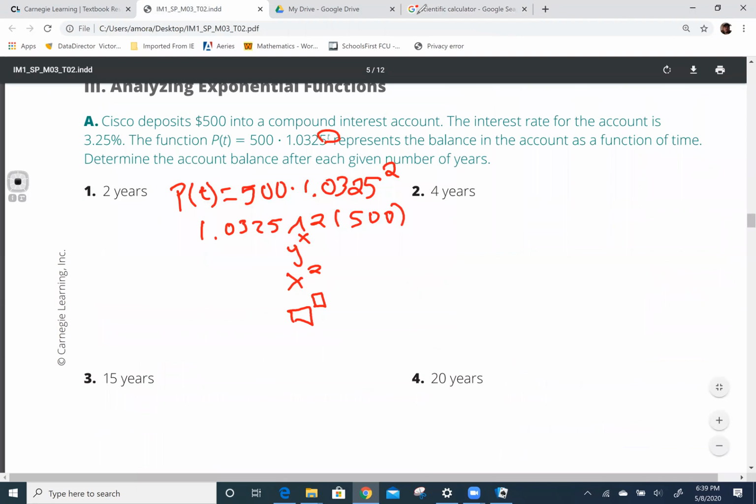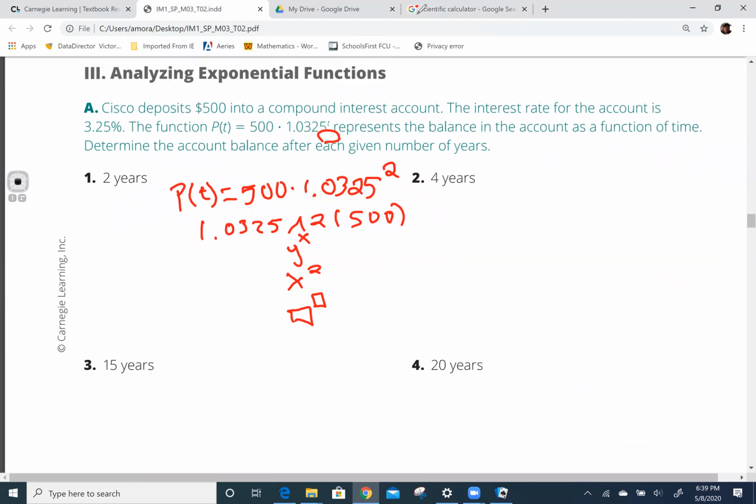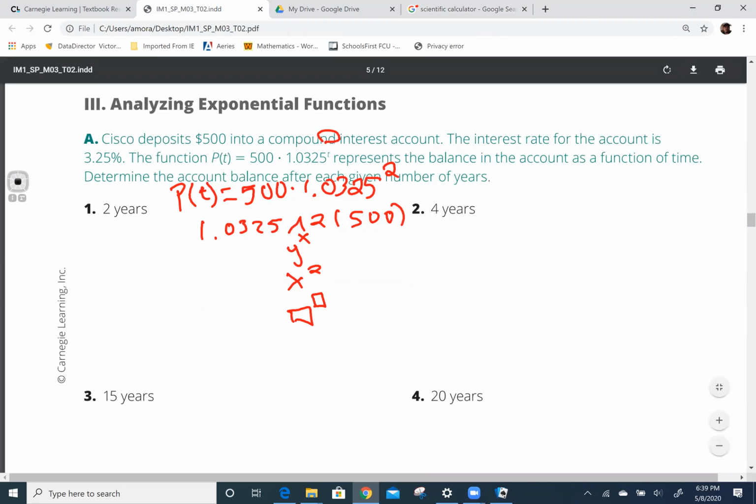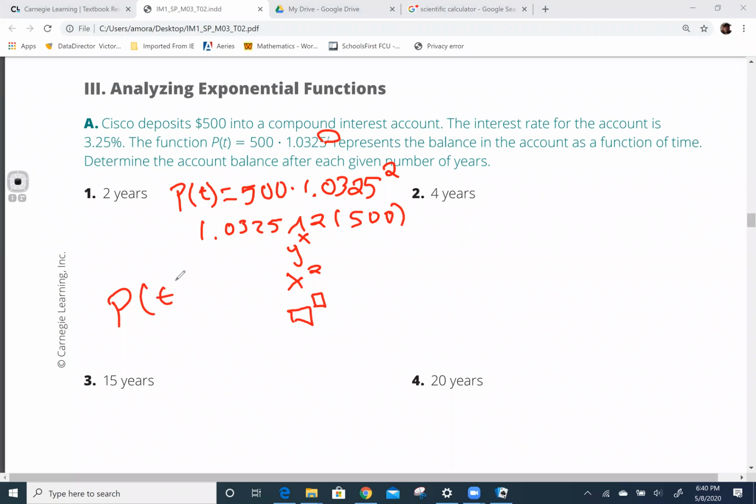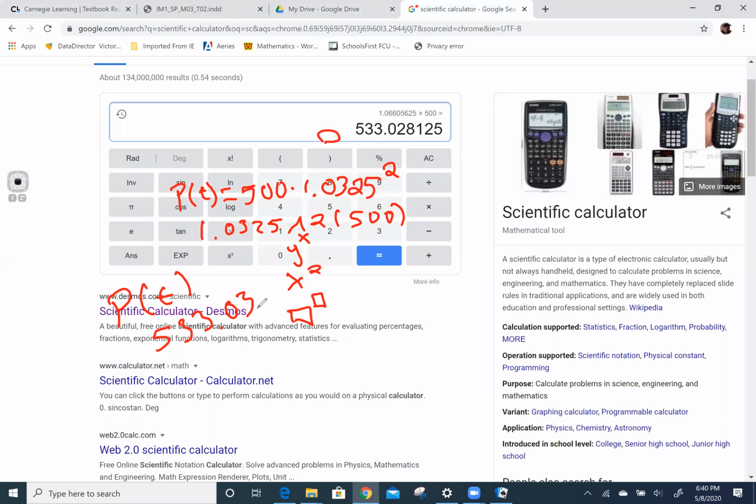Okay, and so we're there. So P of t is going to be 533.03. Okay, and that's how you do it.